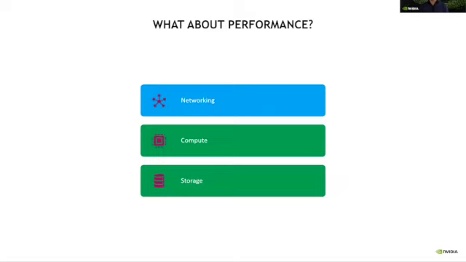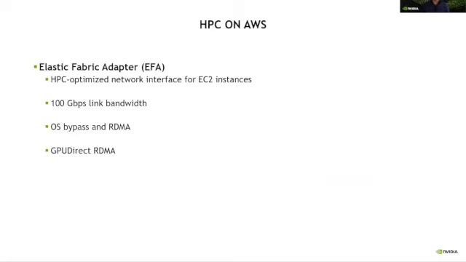Because after all, a main feature of traditional supercomputers is that they have this very highly optimized interconnection network for communication between the nodes. And in particular for Amazon, Amazon's efforts to support HPC-grade communication performance on AWS is centered around the Elastic Fabric Adapter, or EFA.